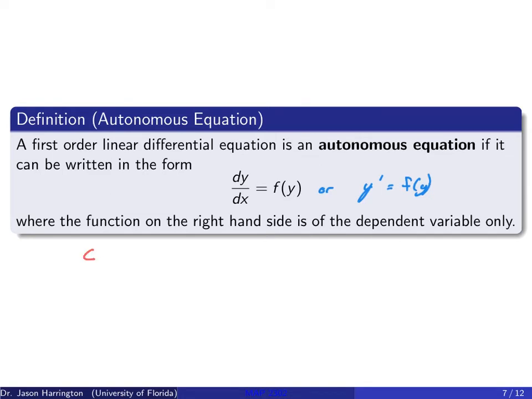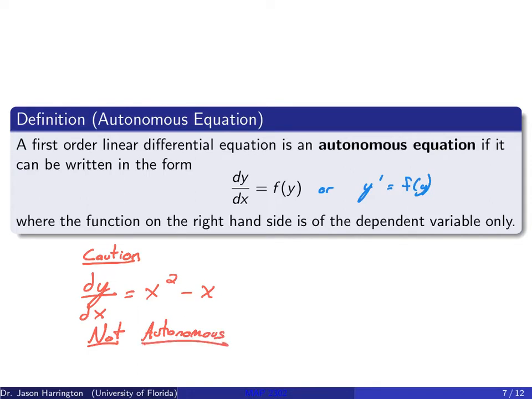Now, I do want to have a word of caution. If I wrote dy over dx is equal to x squared minus x, that is not autonomous. You can tell because you see that x is your independent variable.